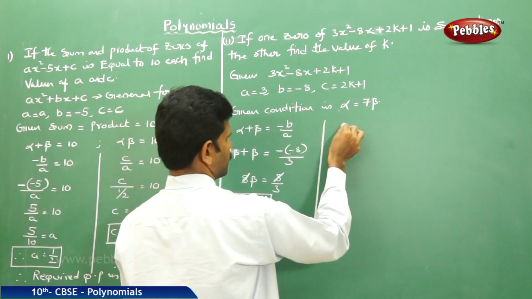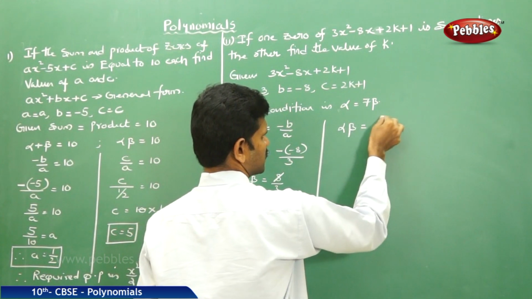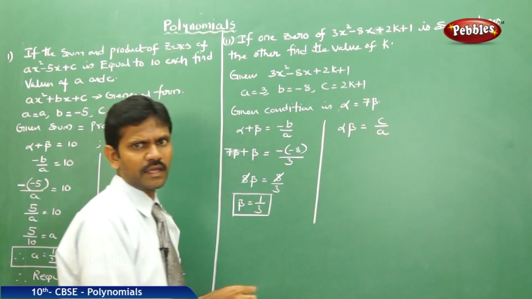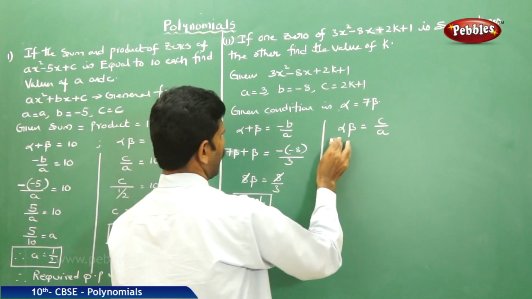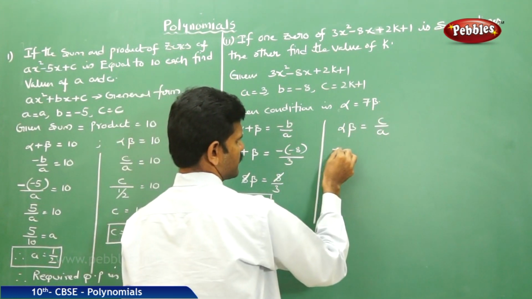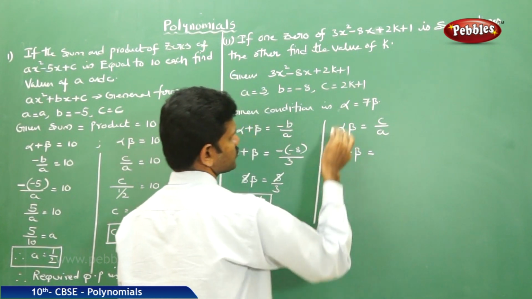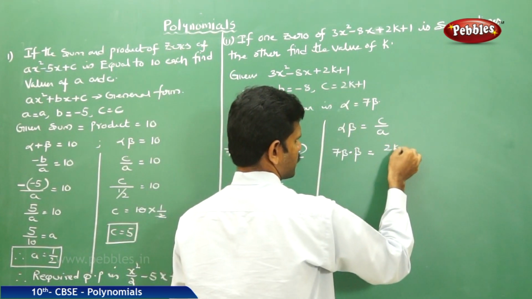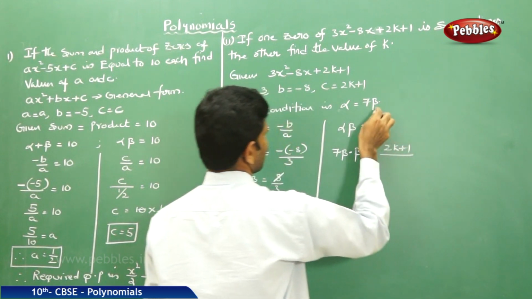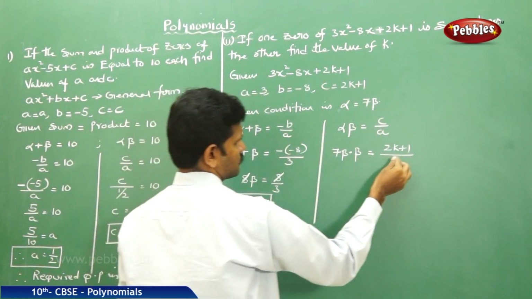Now come to the second part. Alpha beta, the product of the roots, is equal to c by a. That is alpha, nothing but 7 beta, into beta is equal to the c value 2k plus 1 by the a value 3.